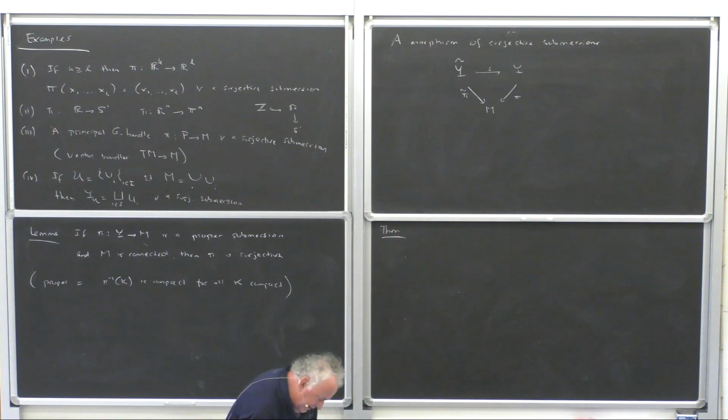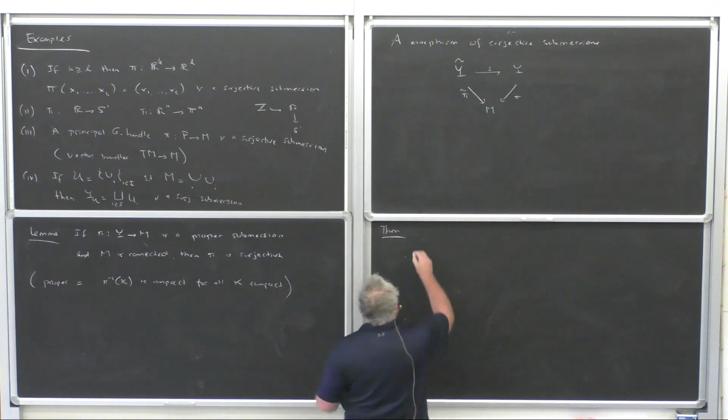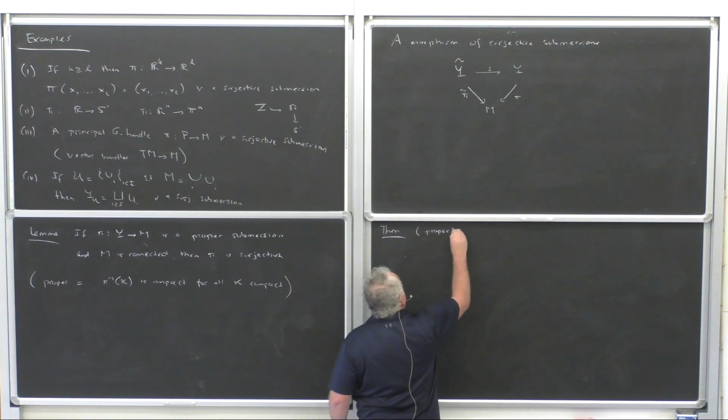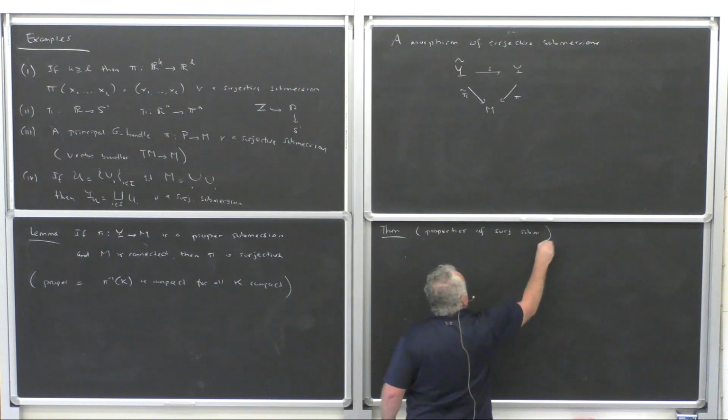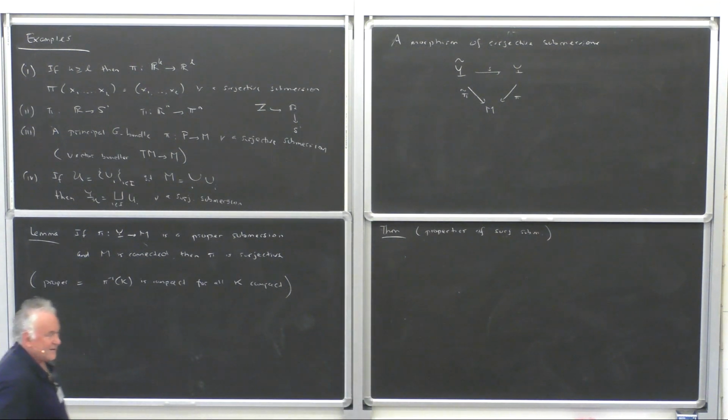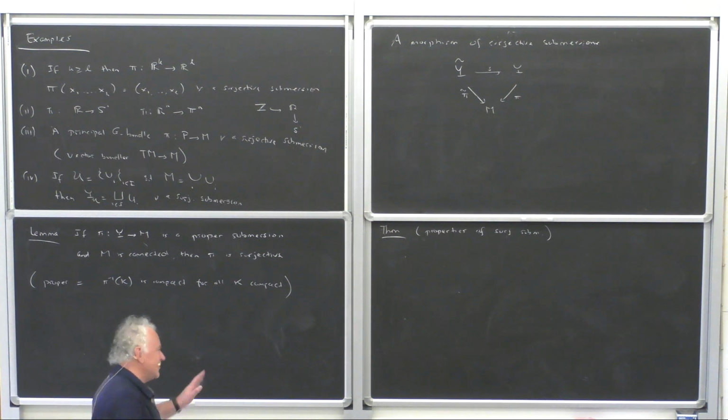Okay, so properties of surjective submersions. So I'm going through a lot of little details, but I hope to convince you that we should all be thinking in terms of surjective submersions, that thinking in terms of open sets is in general cumbersome or maybe not very well adapted to the problem you want to study.